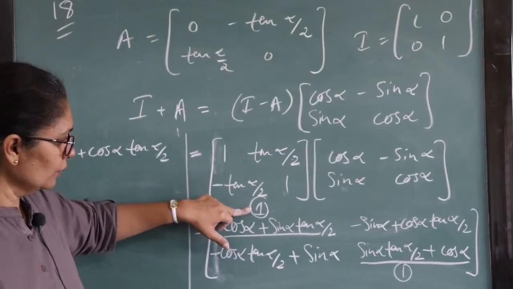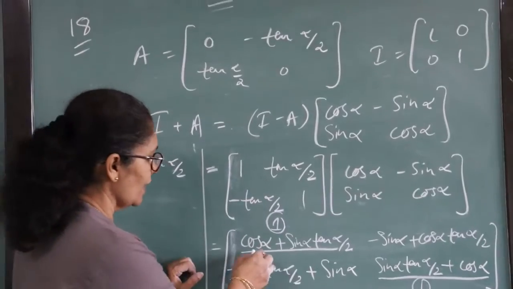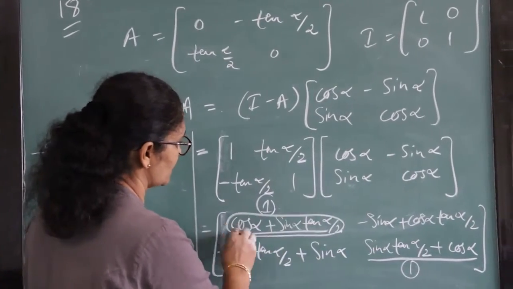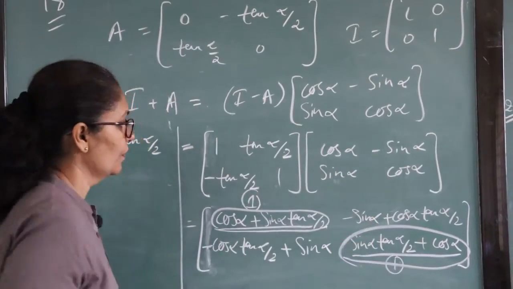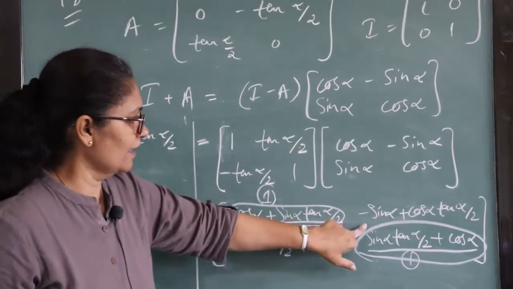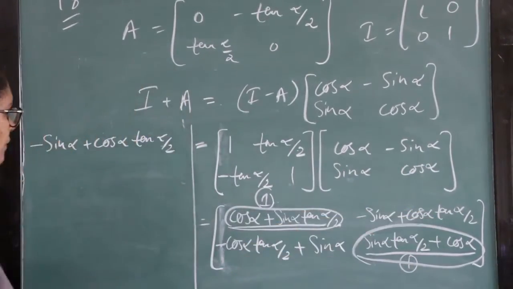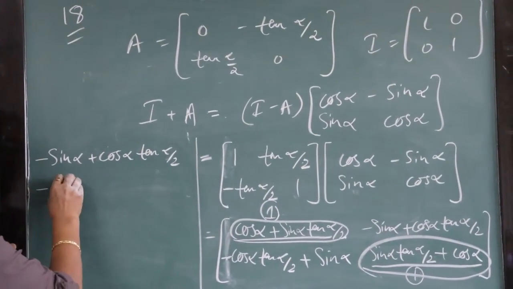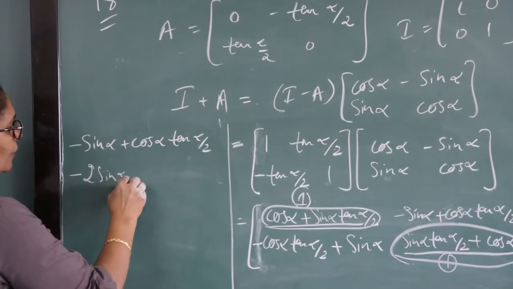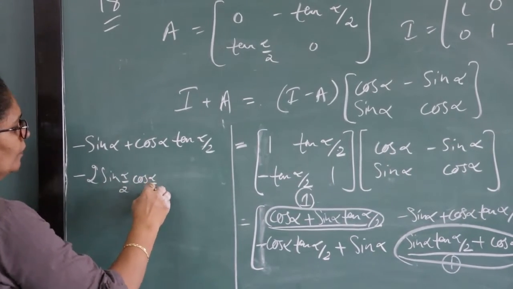Okay, now we have proved this part equal to 1, so these two answers are 1. Now let's start with this second one. I have written minus sin alpha plus cos alpha into tan alpha by 2. In place of sin alpha we can write 2 sin alpha by 2 cos alpha by 2.